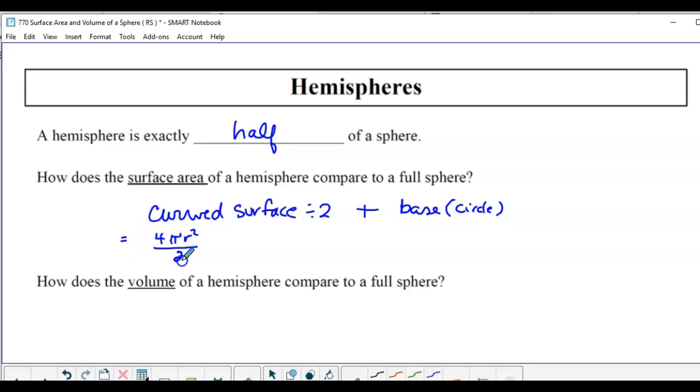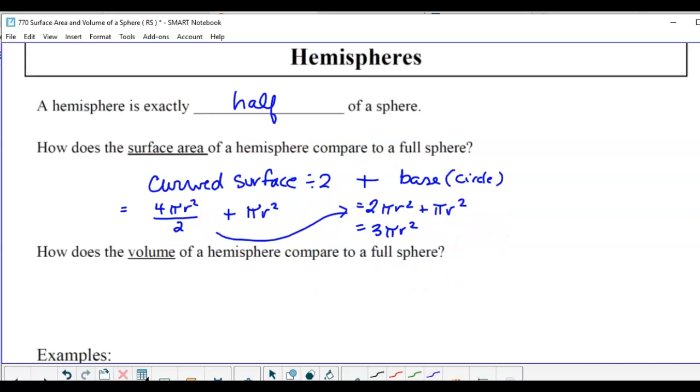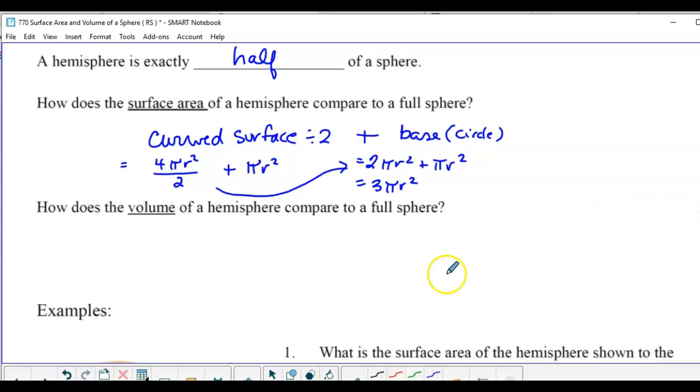So we're going to divide that by 2, and then we add in a pi r squared. Look at what happens here. If I simplify that, that's equal to 2 pi r squared. And if I add in a pi r squared, then I get 3 pi r squared. Kind of cool. That's not on your formula sheet, but I always remember it as half of the outside surface plus a circle, but it does simplify to 3 pi r squared.